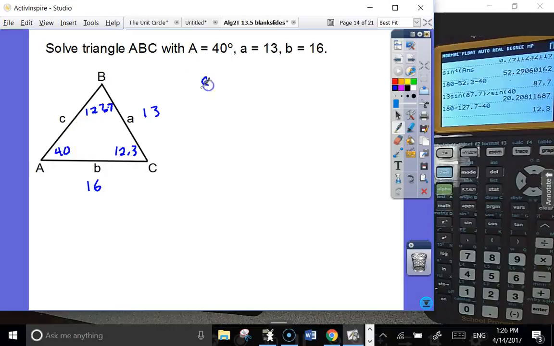So C divided by the sine of 12.3 equals 13 divided by the sine of 40.